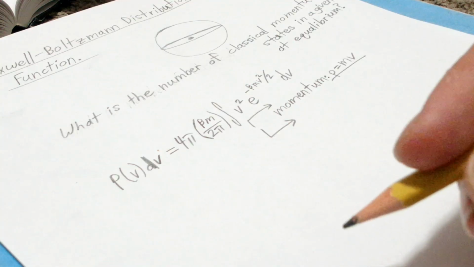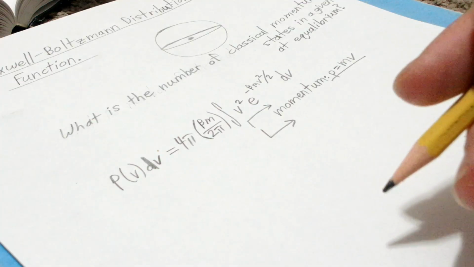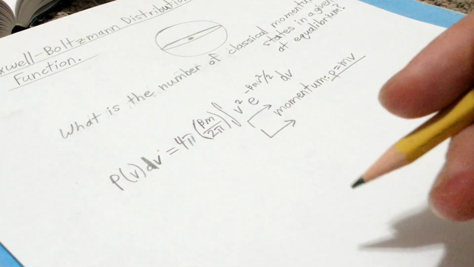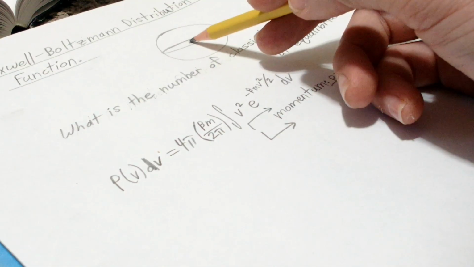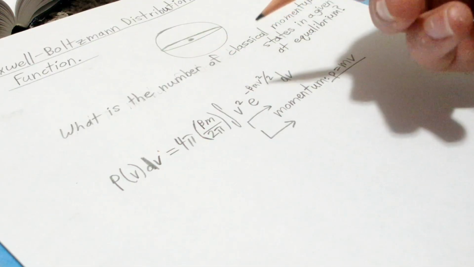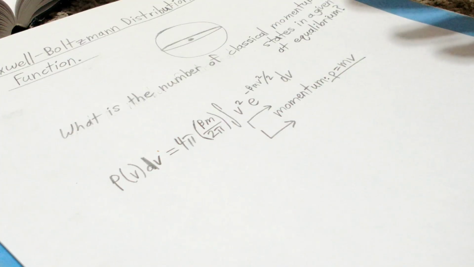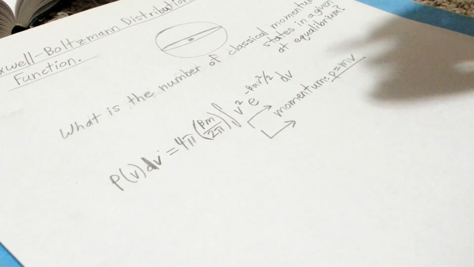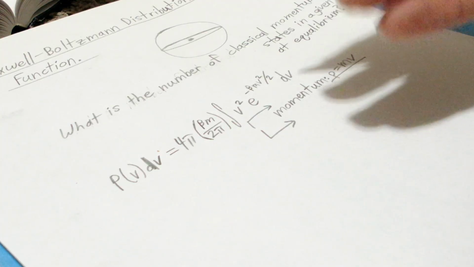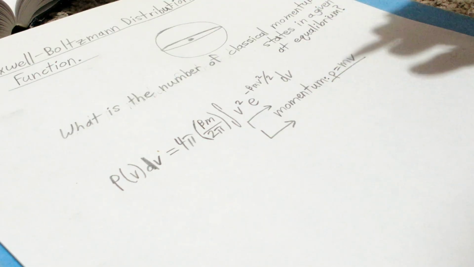And now we want to say that our particle here in our system is at equilibrium. We want to integrate over all the average square velocities, which is the RMS, the root mean squared of velocity.